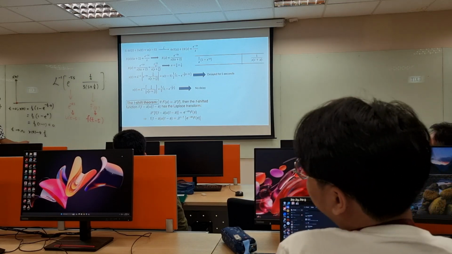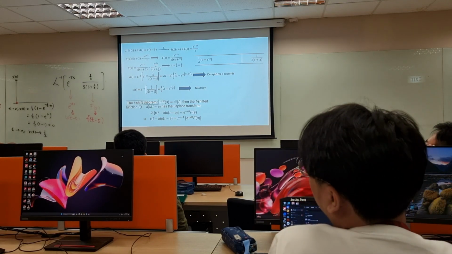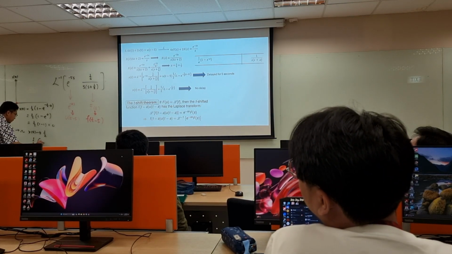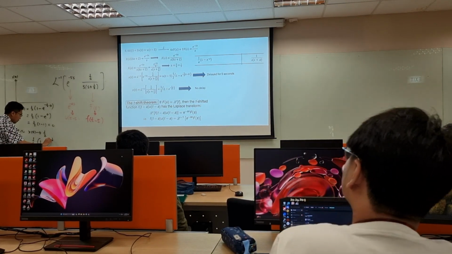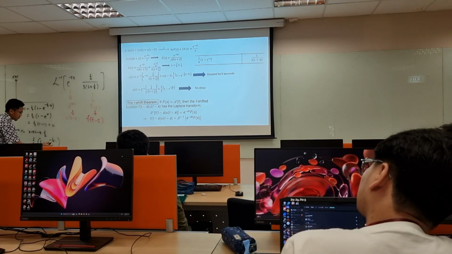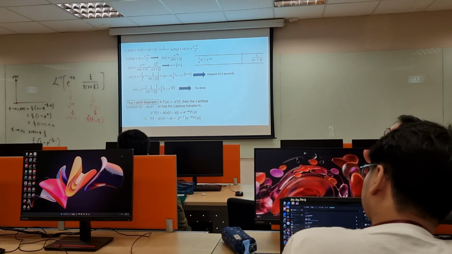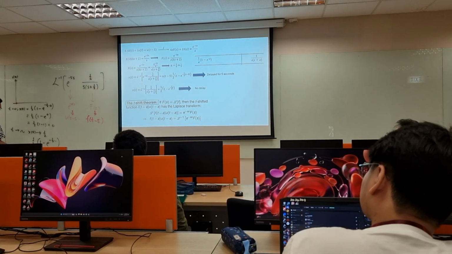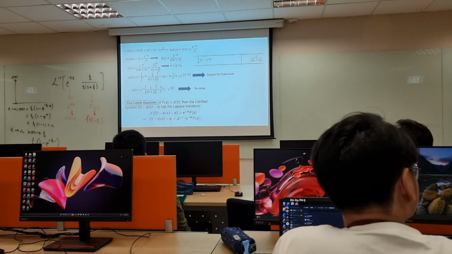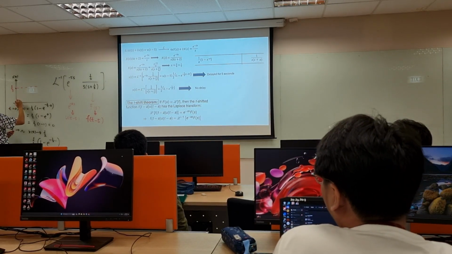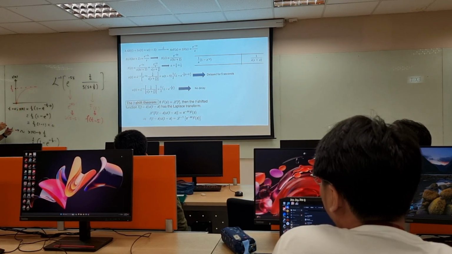Can you see that happen? You get half times 1 minus e to the power of a number that is very large in here. This term will become 0. If this term becomes 0, then you only have half in there. So half is there, so that's what you get.